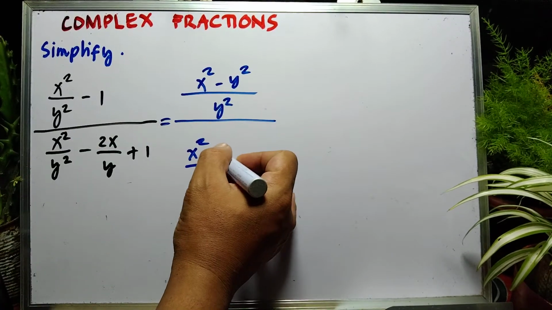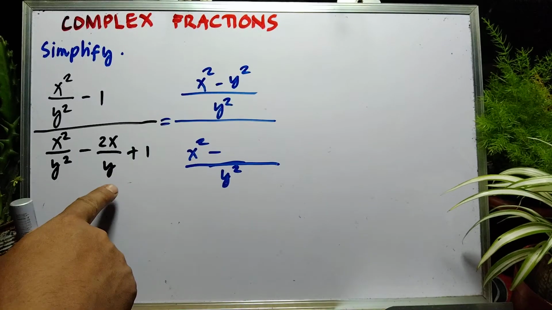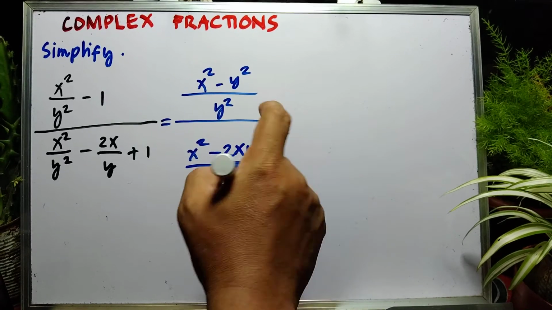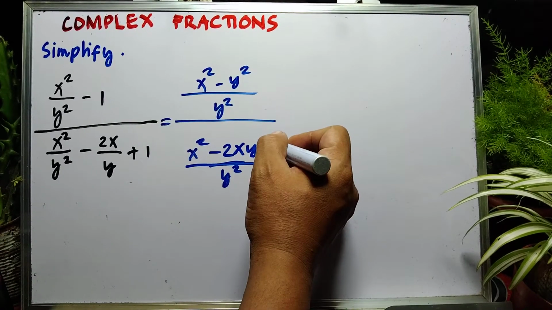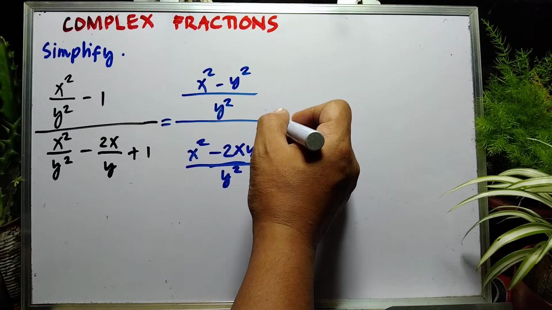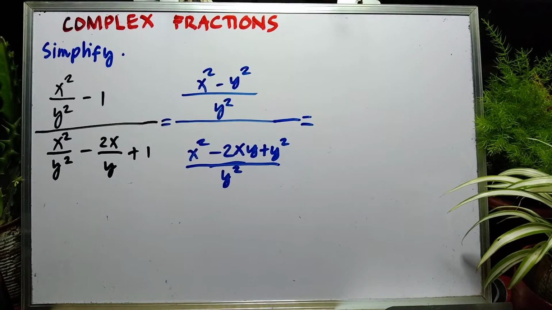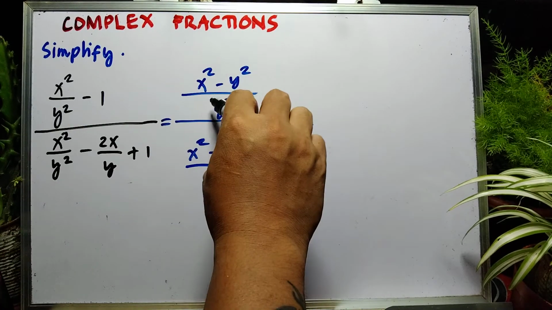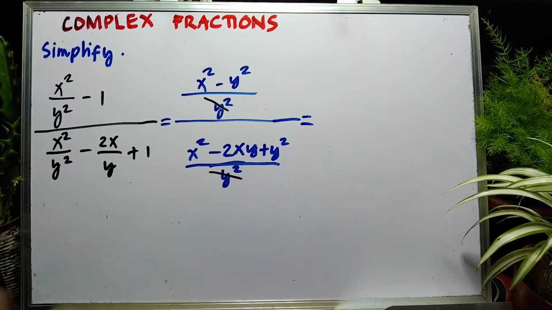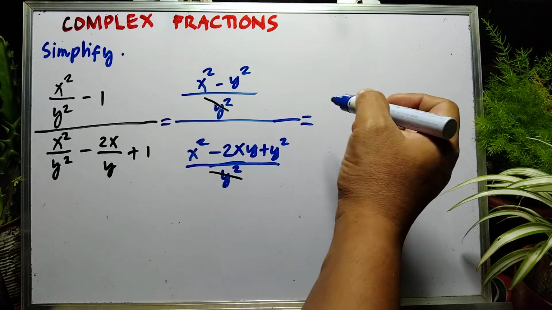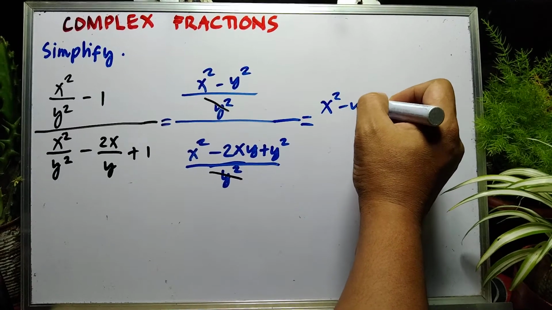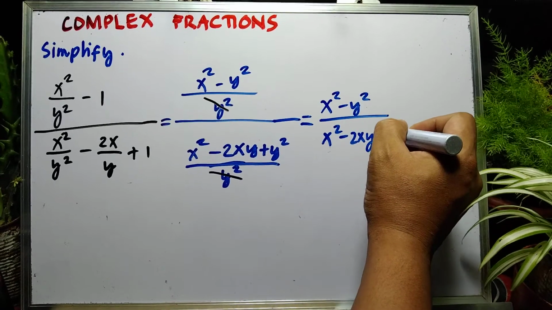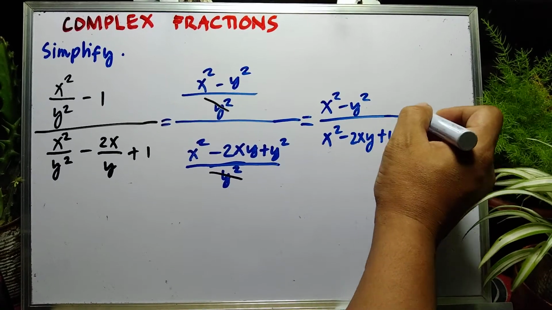You copy minus. Y squared divided y is y times 2x. So, 2xy. Y squared times 1, you have plus y squared. Okay, as you observe, they have the same denominator, so we can cancel that one. We could cancel y squared. So, what is left? You have x squared minus y squared over x squared minus 2xy plus y squared.